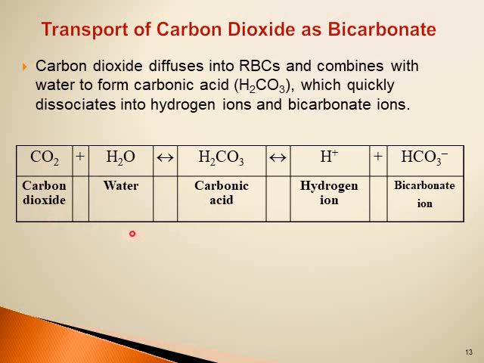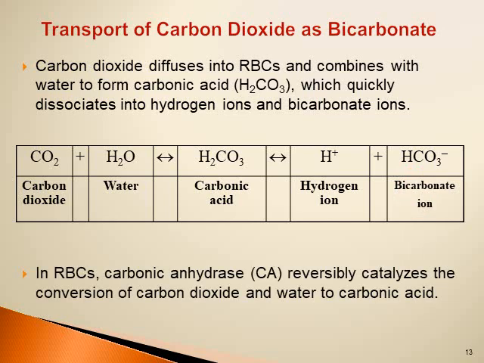As we can see here in this equation, carbon dioxide and water will form carbonic acid, and this step is catalyzed by carbonic anhydrase enzyme. Then carbonic acid will quickly dissociate into hydrogen and bicarbonate ions that will leave the red blood cells and enter the plasma. In red blood cells, carbonic anhydrase reversibly catalyzes the conversion of carbon dioxide and water to carbonic acid.